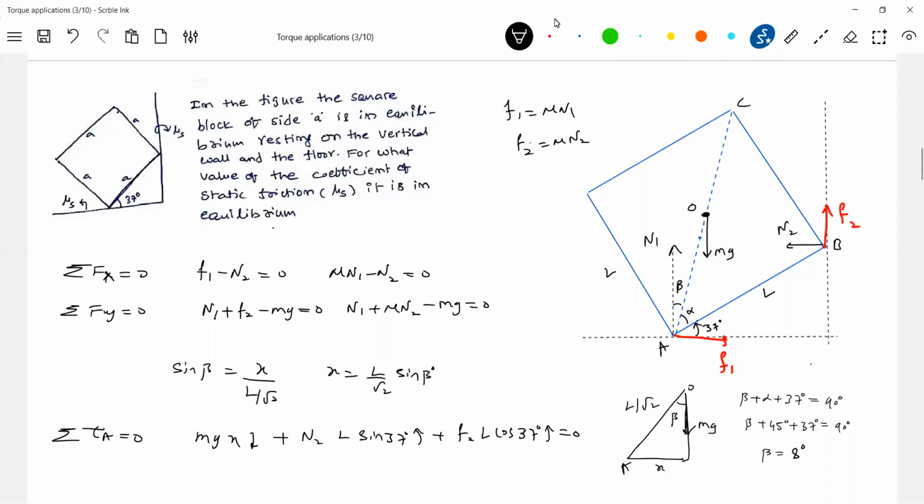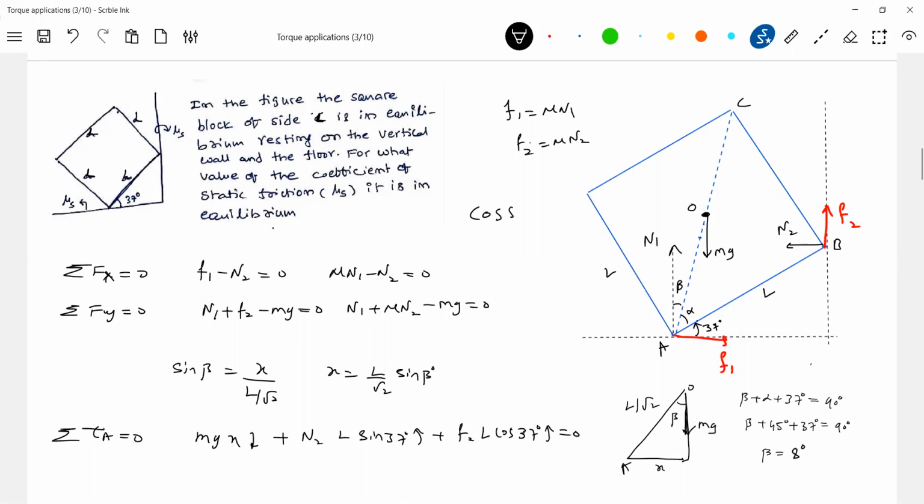He didn't give the outside, A is telling. I think I'll make it L. Again symbols. Okay, solving all this will get an expression for the mu. So you look at this sine, cos 8 degrees. He has given the value.